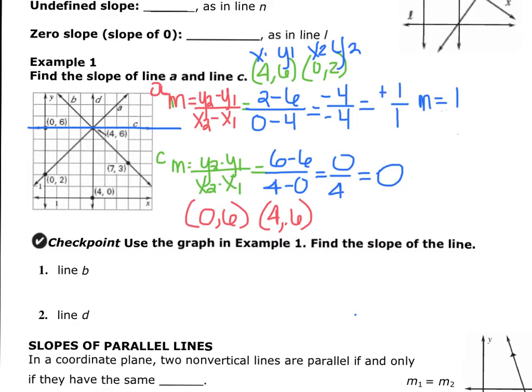All right, let's see what you got for line B. Here again is line B, and we are given two good points on line B: one at (4, 6) and one at (7, 3). We always want to start with the slope formula, y2 minus y1 over x2 minus x1. I'm just going to write the ordered pairs down here: (4, 6) and (7, 3).